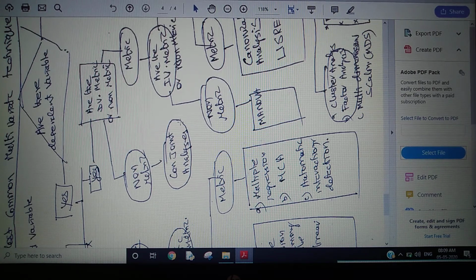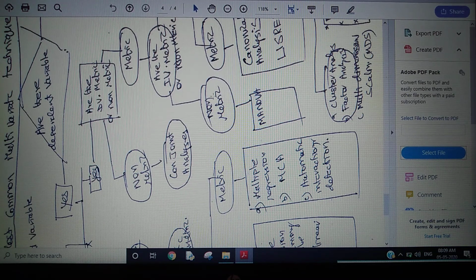So what I am trying to say is, in MANOVA there are dependent variables, more than 2 of them, and the dependent variables are metric. For those dependent variables there are independent variables, and the independent variables are non-metric.